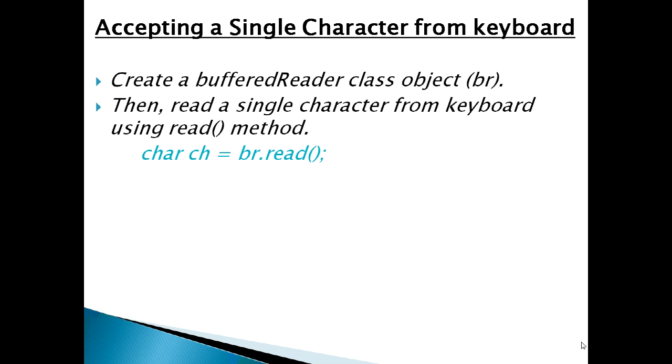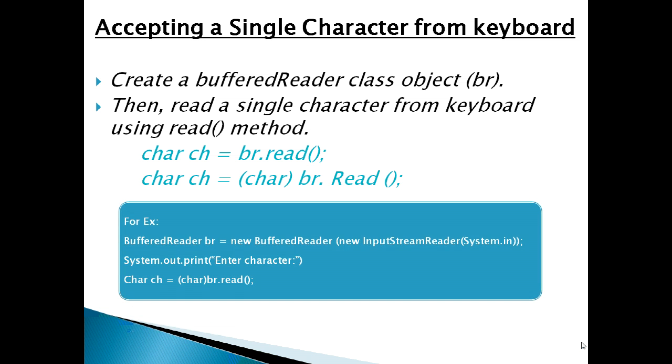Since this integer number cannot be stored into character type variable ch, we should convert it into character type by writing char before the method: char ch = (char) br.read(). This is an example how a single character is accepted from keyboard in a Java program.